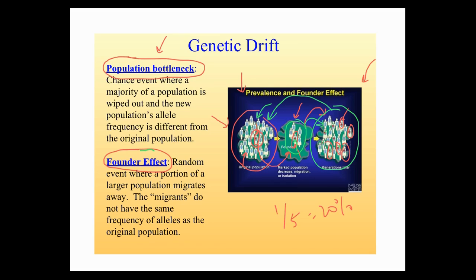And that's called the founder effect. It's an event where a portion of a larger population migrates away, but the migrants don't have the same frequency of alleles as the original population. So that allele for the red trait became much more common in the new population due to the founder effect.